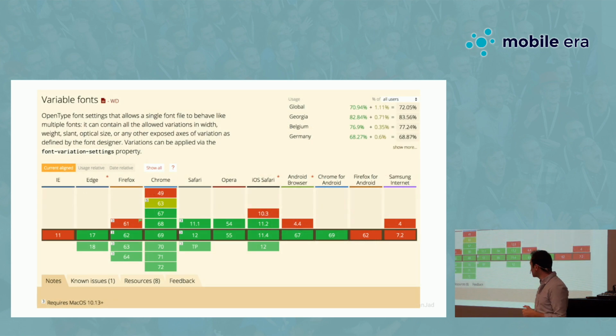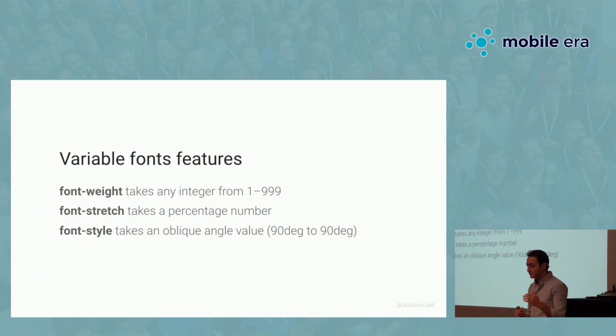So this is variable fonts, and browser support is quite good for it. Let's see what it does. It lets you give a font weight. Traditionally, font weight is 100, 200, 300, all the way to 900, and also limited to which font weights you have already loaded.